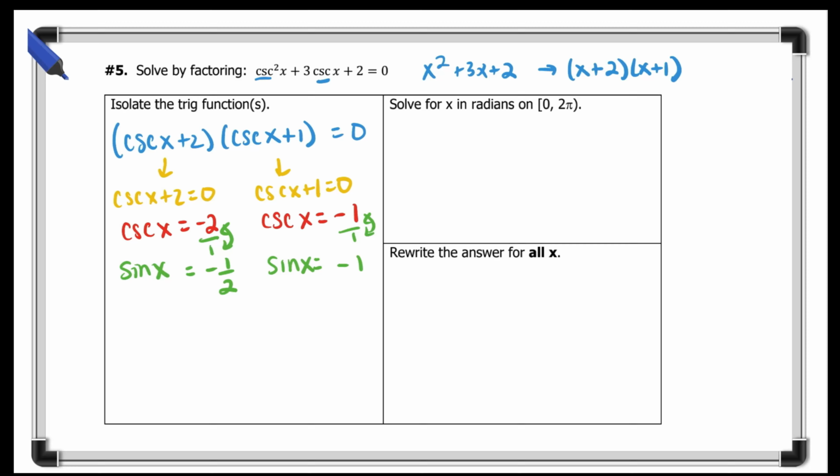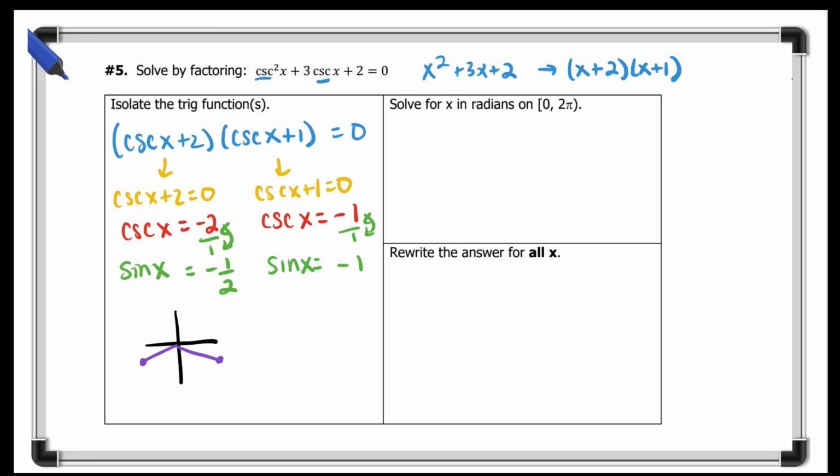That's perfect. What we're going to do is figure out what our answers are. So I want you to think about your unit circle, and where sine would be -1/2. -1/2 would be right here and right here.